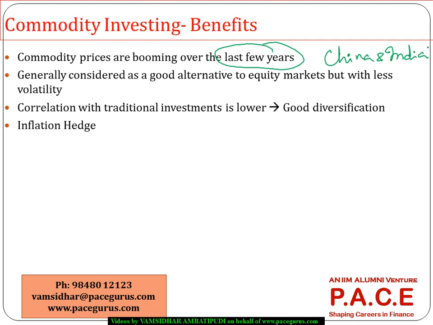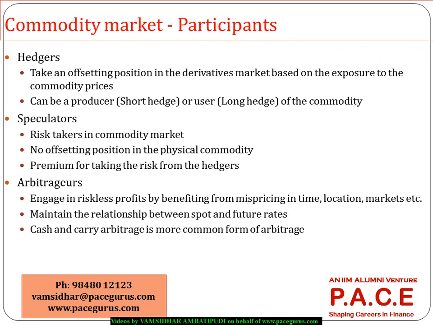So when inflation is high, commodity prices should generally also be higher, which means even though my purchasing power is going down, my commodities are going up in value, so I am not losing so badly. The investment in commodities is acting as a better hedge for me. From all these dimensions, people go forward looking at investing in commodities.